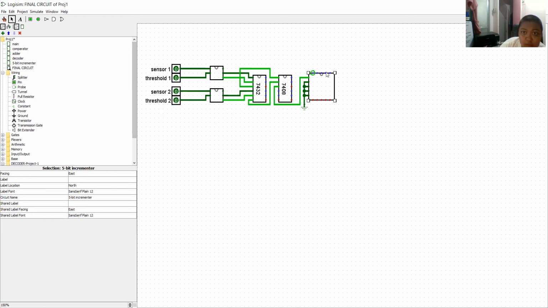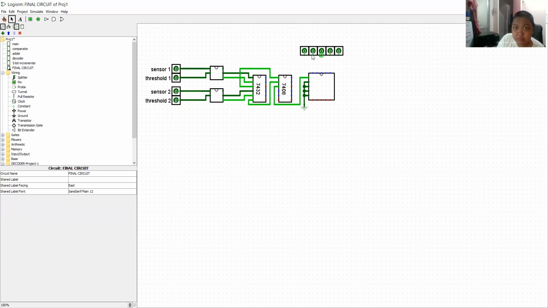And let us put 5 inputs here. And connect them.